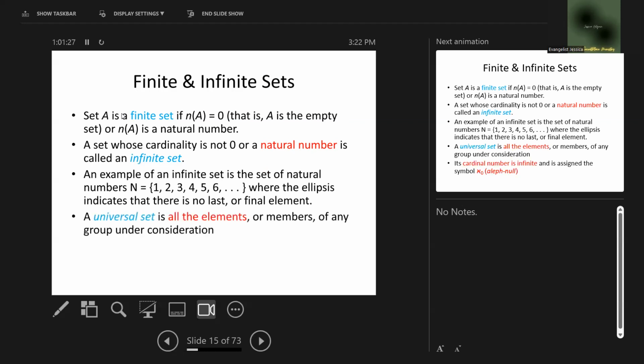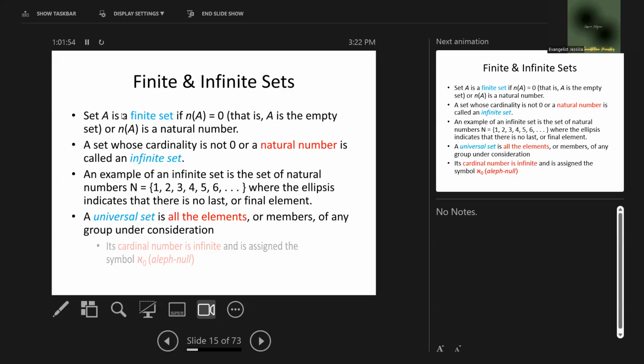We also have something called a universal set. That's all the elements, members of any group that you're considering. A universal set for students at Southern California Seminary would be all the students: male, female, graduate, undergraduate, full-time, part-time, everybody.